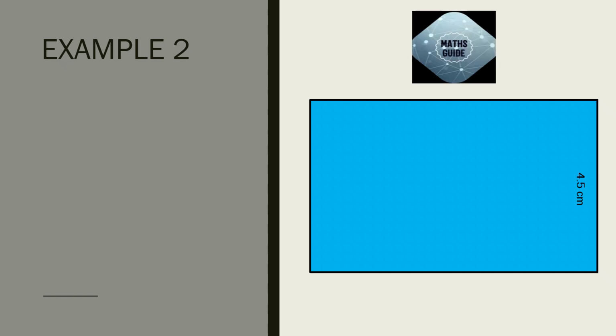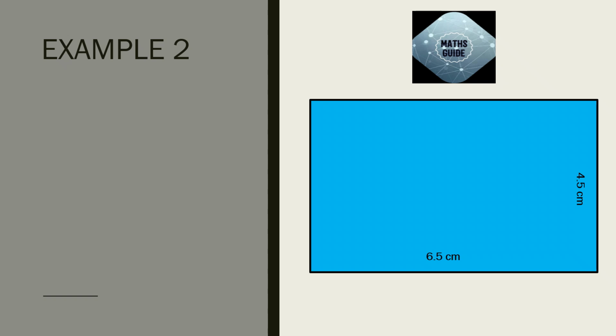Now let's take another example for better understanding of this concept of perimeter of a rectangle. As I've told you, the longer side of a rectangle is length and the shorter side is width. Now look at the measurements of its dimensions. Its width is 4.5 centimeter and its length is 6.5 centimeter.